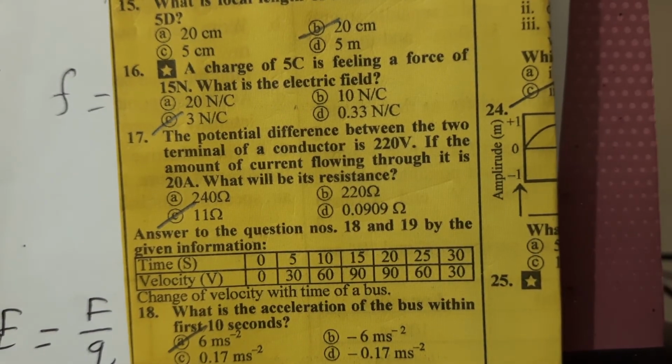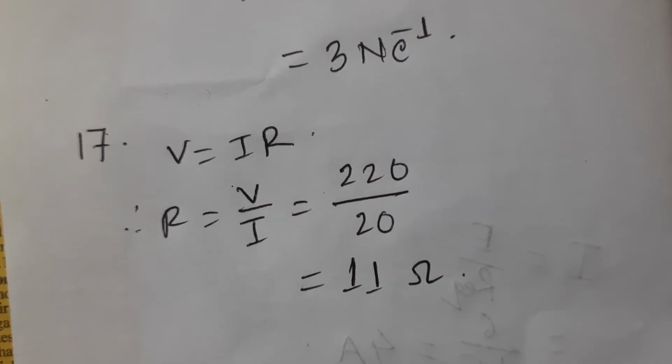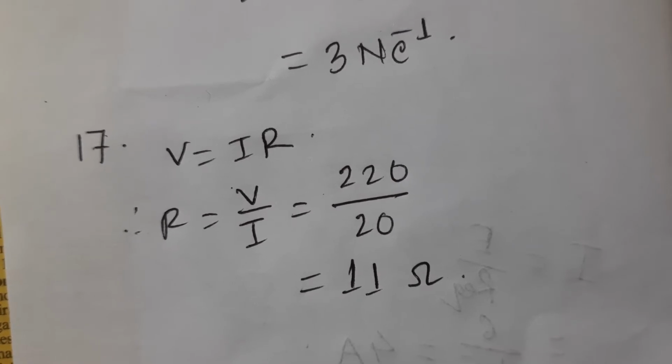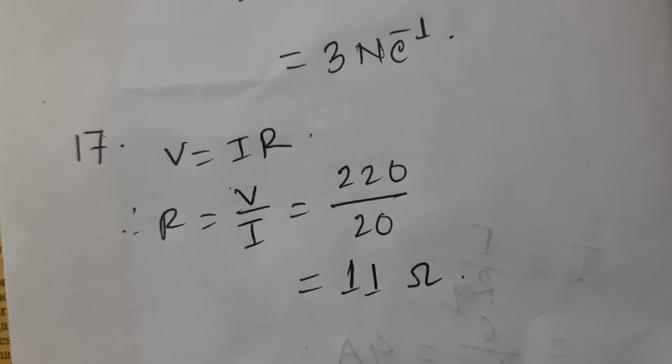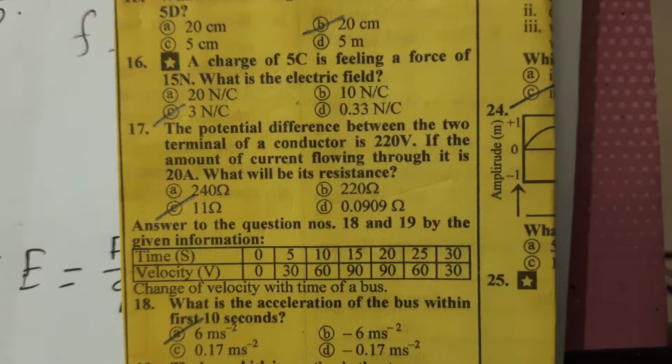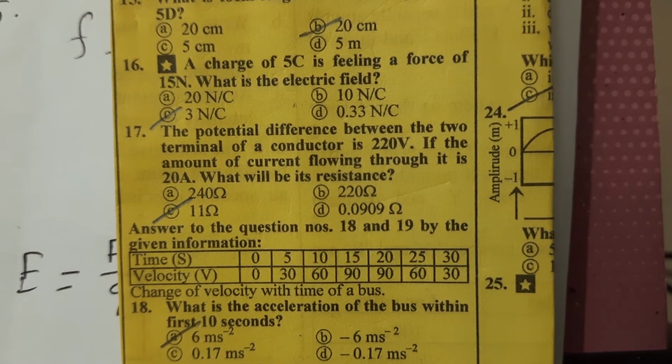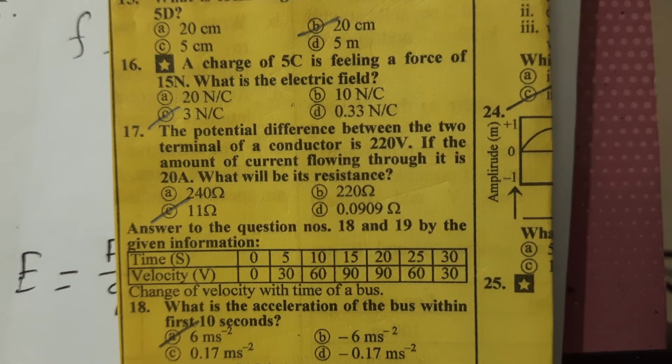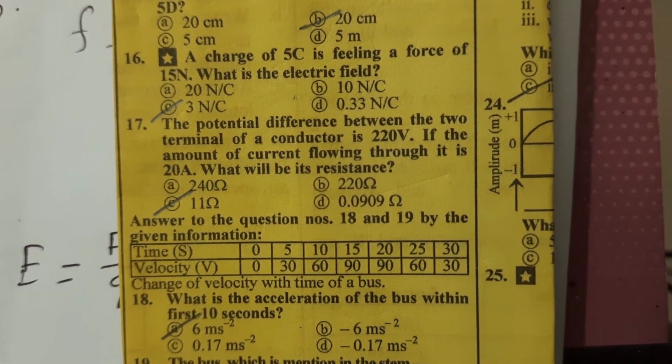So according to Ohm's law, we can write V equal to IR. So R equal to V by I. So we can write 220 by 20. So we get 11 ohm. So for question number 17, the answer will be C, 11 ohm.